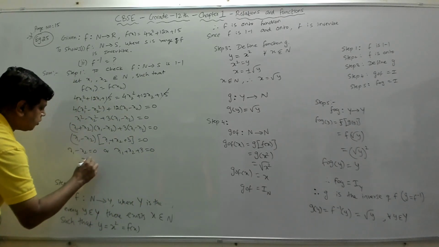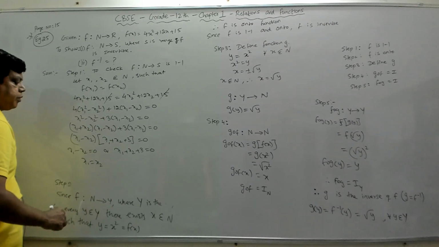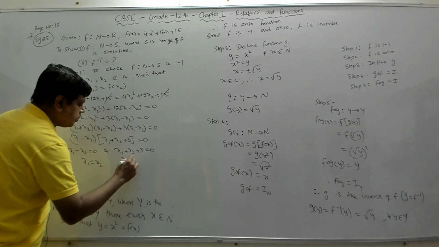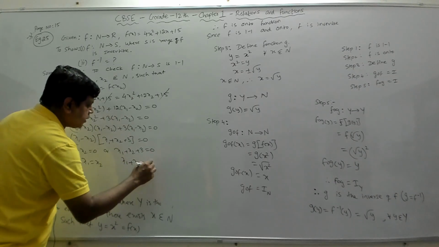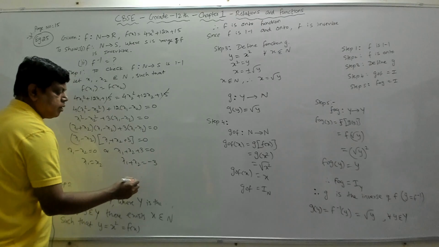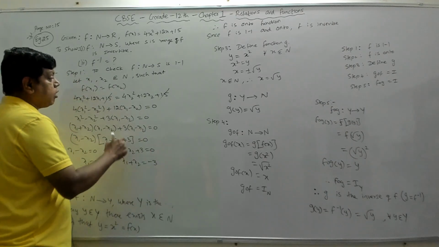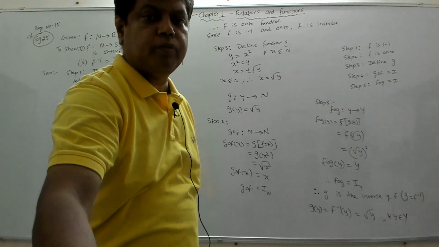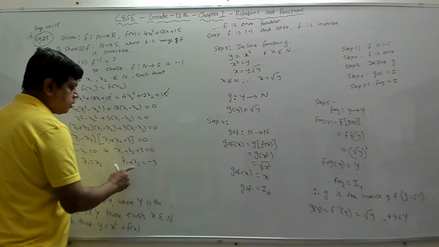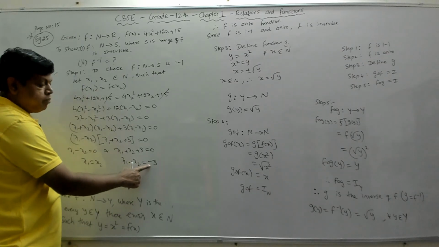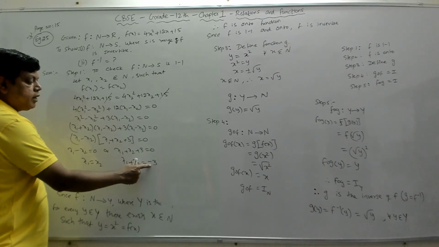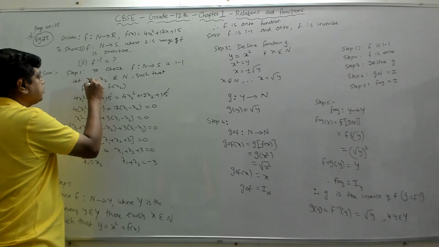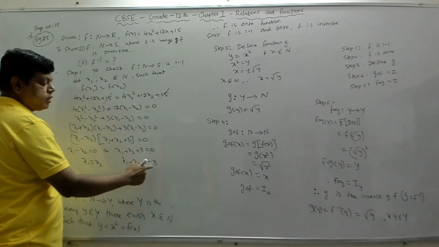So this means x1 equal to x2, and the other case will be x1 plus x2 equal to minus 3. But this is not possible, because x1 and x2 are coming from natural numbers. Sum of two natural numbers cannot be equal to minus 3, a negative number, right? x1 and x2 both are coming from N. Sum of two natural numbers cannot be negative.